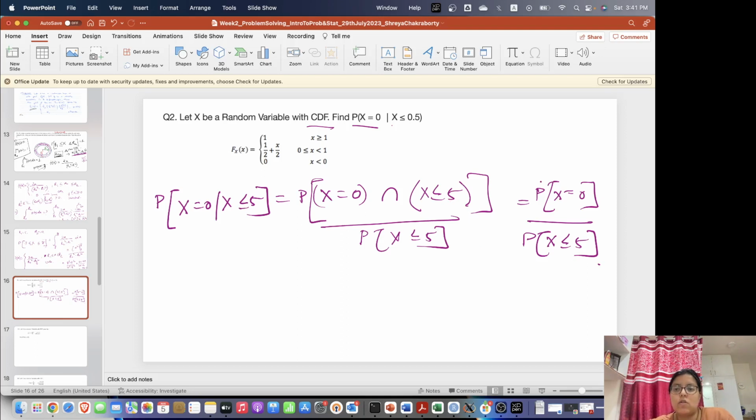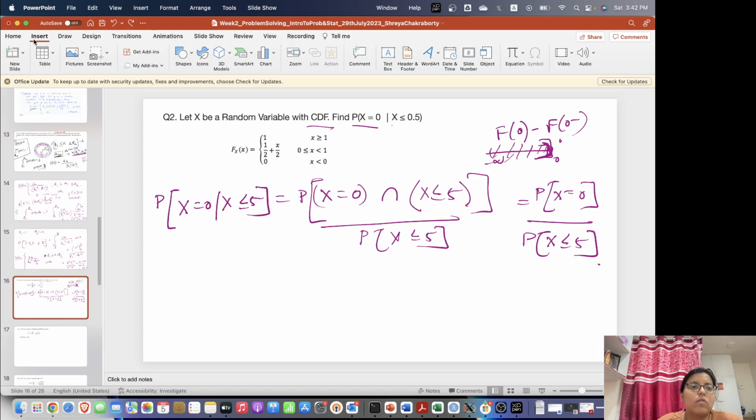Okay, so now probability x equal to 0. Probability x equal to 0 means f of 0 minus f of 0 minus, which means what? From minus infinity to 0 we are taking the entire range, and just before 0 we are going to remove it.